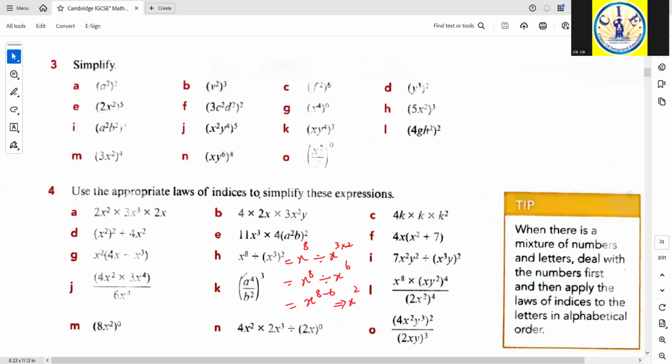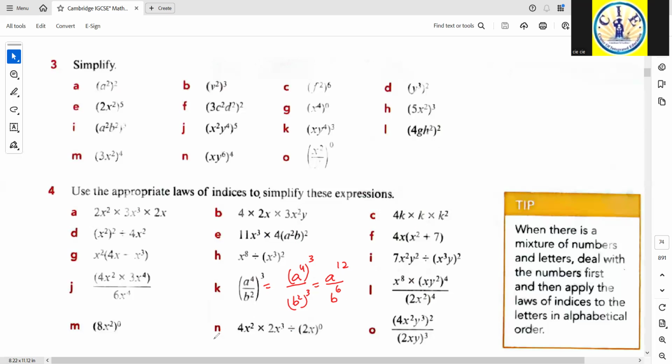In part K, for example, this will be a4 raised to the power 3, b square raised to the power 3. That will give me a raised to power 12, b raised to power 2 times 3, that is 6. So we cannot further simplify them because these are separate numbers with different bases, so that's why.